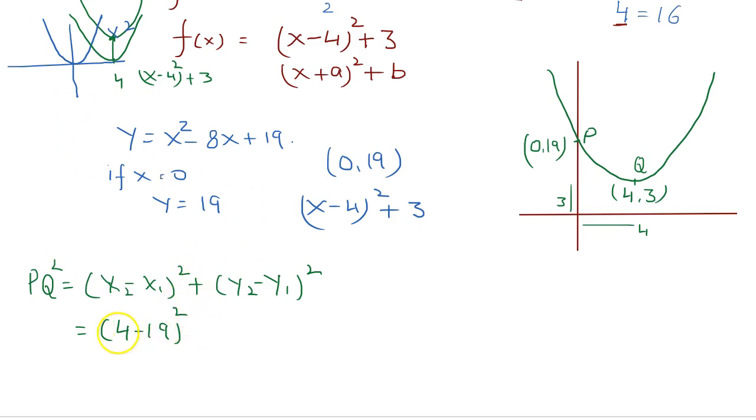We have to write x2 minus x1. So this is 4 minus 0. Although it hardly makes any difference whether you write y first or x first, we have written here x2 minus x1, minus y2, 3 minus 19.